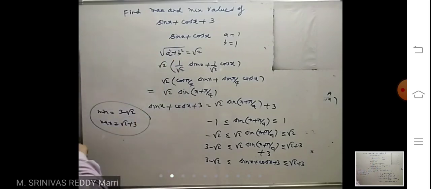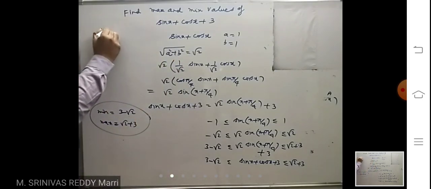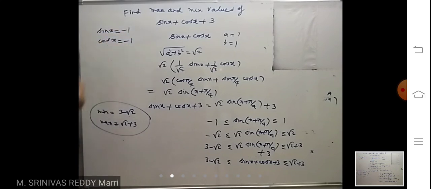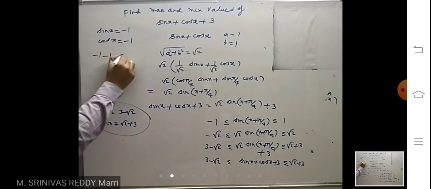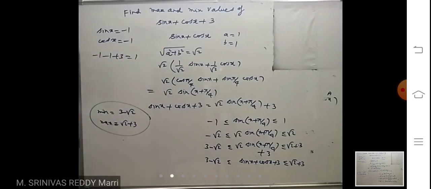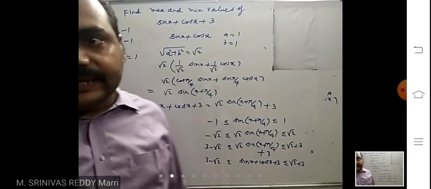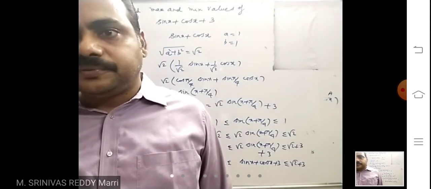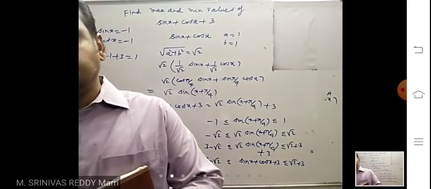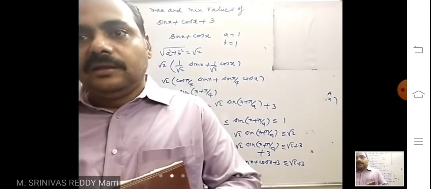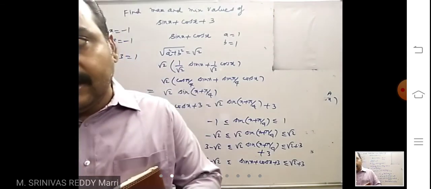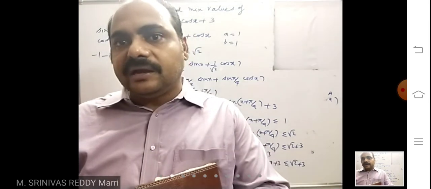Can you substitute like this? Can you tell me an angle for which sin x is minus 1 and cos x is minus 1?